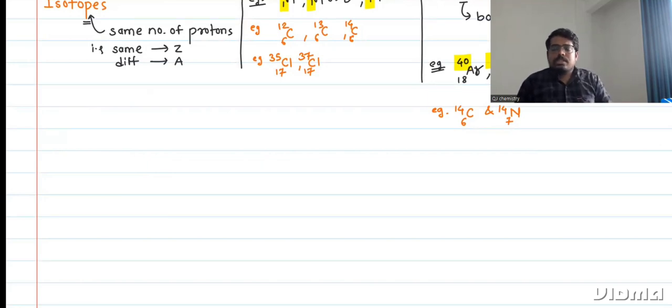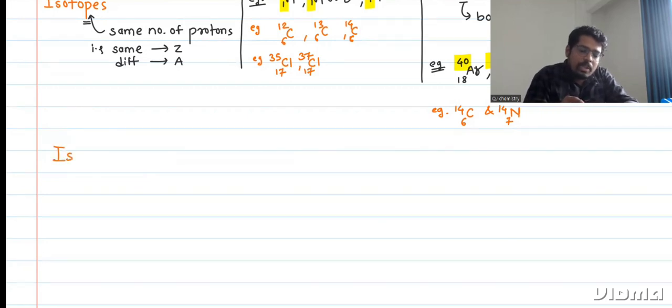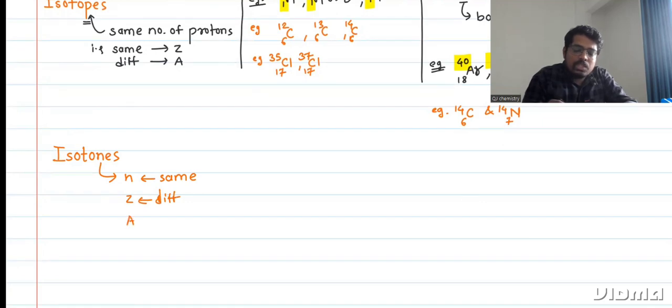Now the third terminology is isotones. Here in isotones, N means neutron: the same number of neutrons, but the value of Z is different and the value of A is also different.